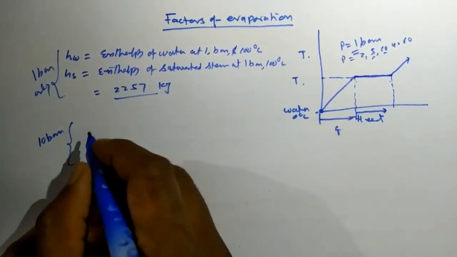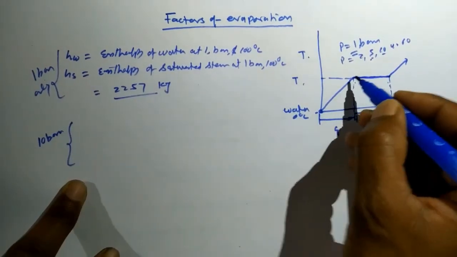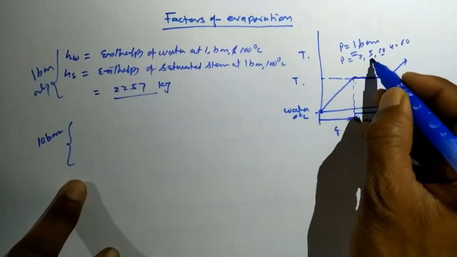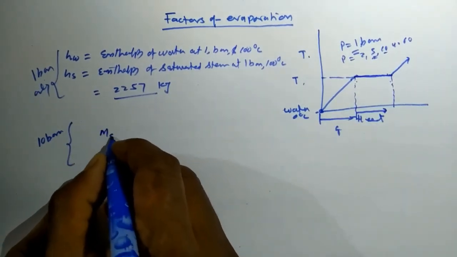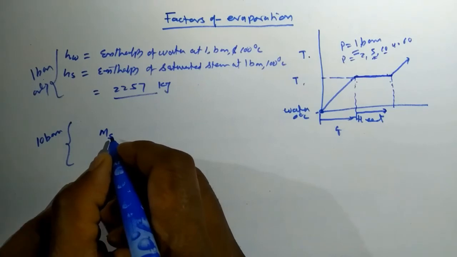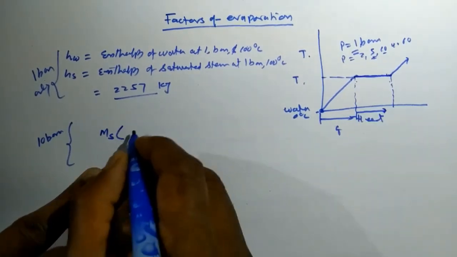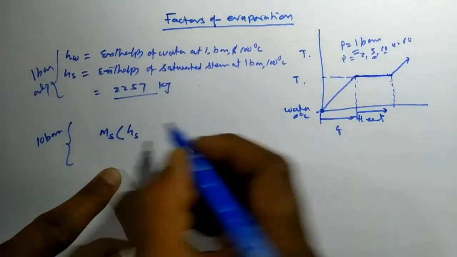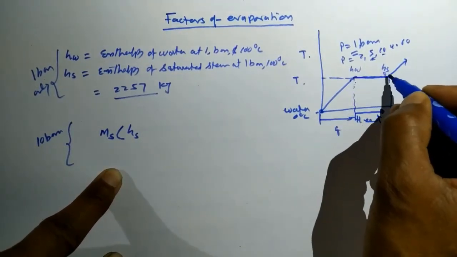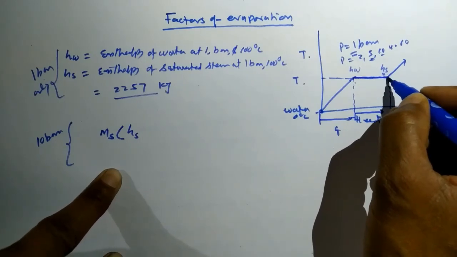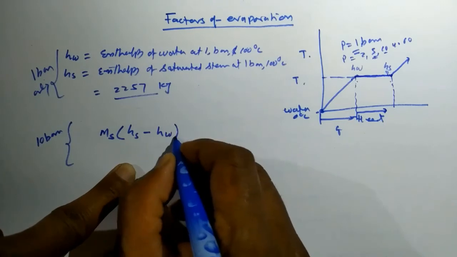That means, if we assume a pressure of 5 bar, then with ms as total steam generated at 5 bar, Hs is the enthalpy of dry and saturated steam minus Hw.